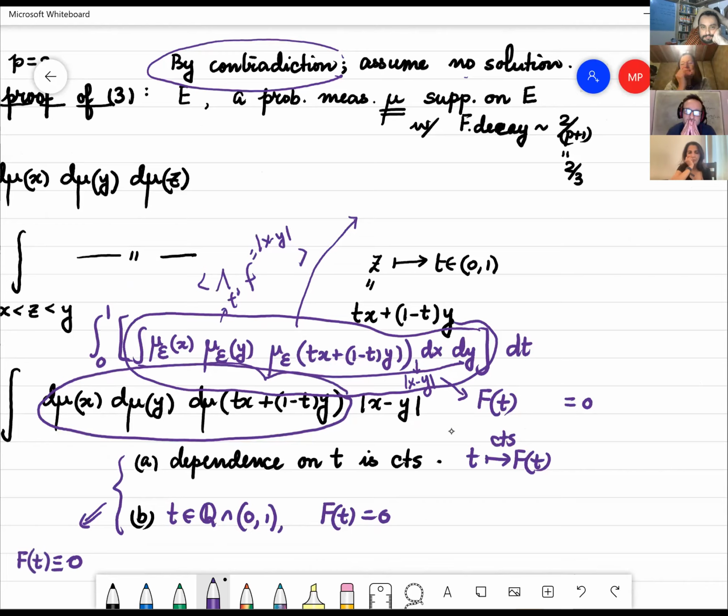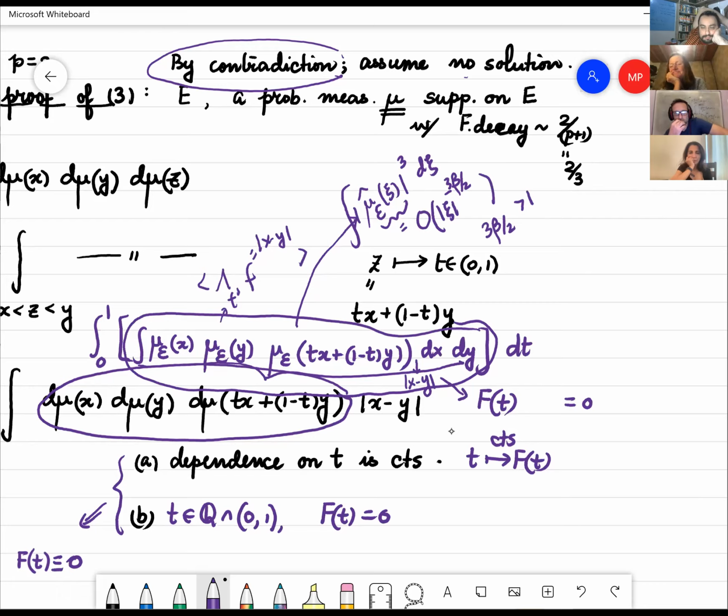And I know that this is big O of mod z to the power of minus beta over 2 for each one. So the power of 3 would contribute a 3 beta over 2, and we would need 3 beta over 2 to be larger than 1 to make this integral finite. Otherwise, we don't know how to attach a meaning to these integrals that we are writing. That's where the 2/3 is hiding.